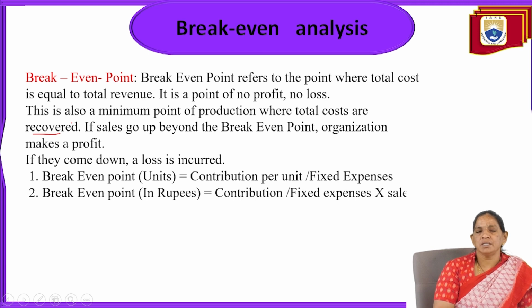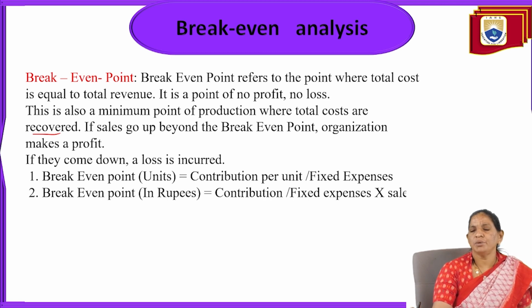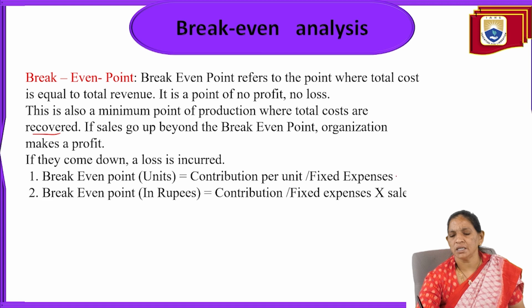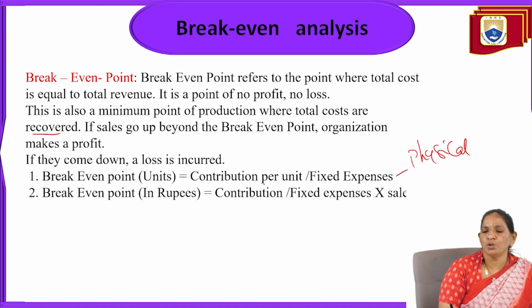So here we can see that if sales goes beyond break even, the organization gets profits. If sales comes below break even, the organization will incur losses. Already we have told that break even will be calculated in physical units and in rupees. In physical units, the formula is fixed cost by contribution per unit.